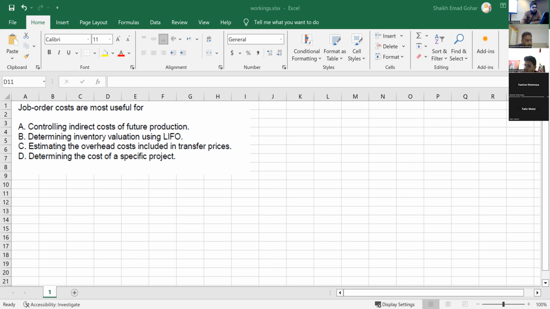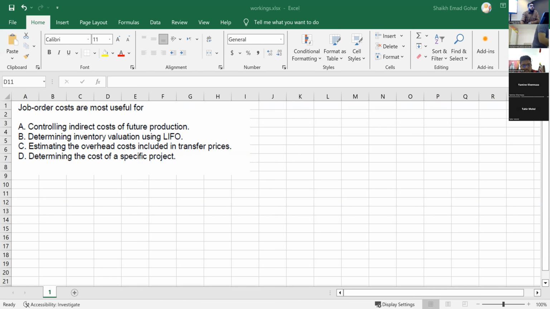So it is most useful for controlling the indirect cost of future production, determining inventory valuation using last in first out, estimating the overhead cost included in transfer price, or determining the cost of a specific project, right?